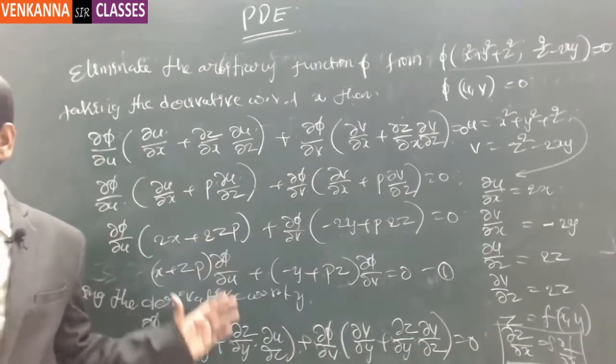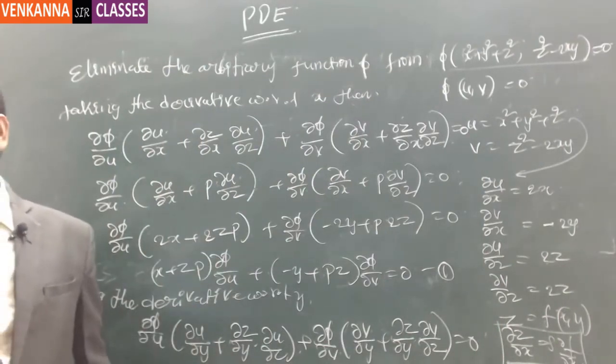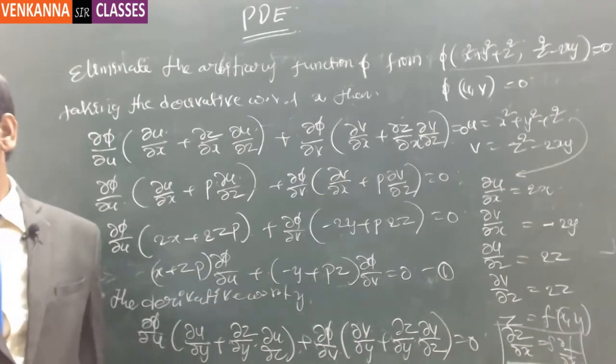Now again we have to do the simplification exactly in the similar manner. Got it? You note down this first and then I am going to erase it and then simplify.